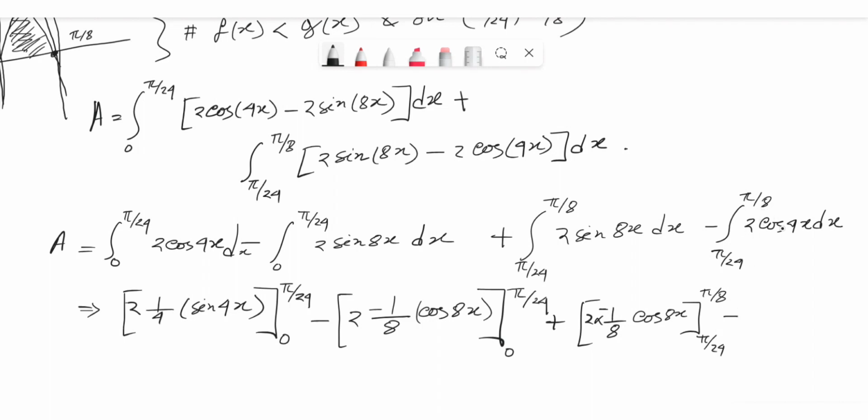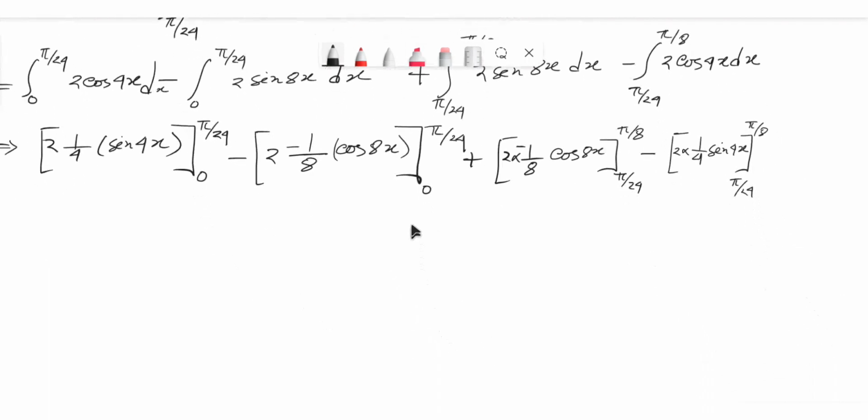Minus from this one we will have 2 into 1 by 4 sine 4x, enclosed with the limits pi by 24 to pi by 8. Now we need to solve this one.